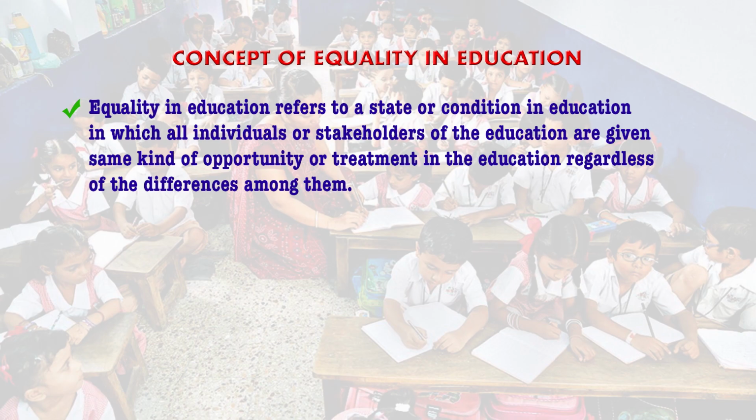So try to understand the focus point here, the highlighted portion of this definition: the same kind of opportunity or treatment to all, regardless of the differences among them. This is called equality.